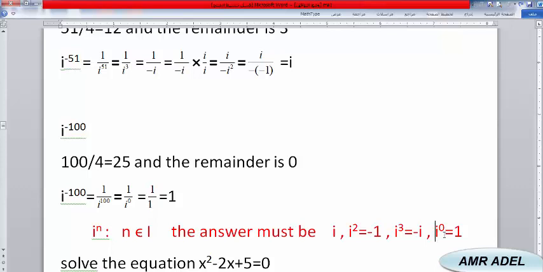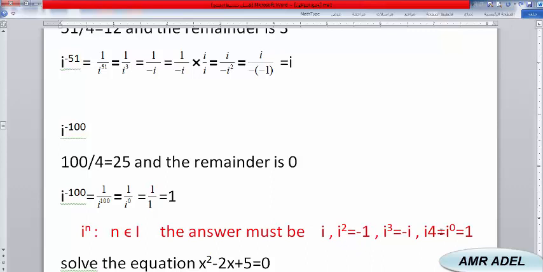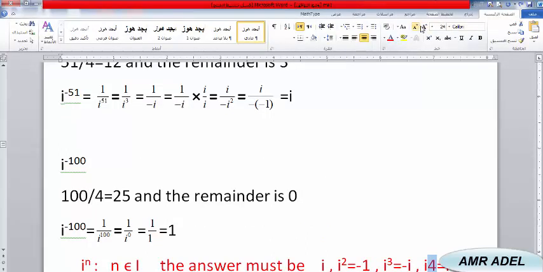Okay, up to here we have to know something which is very, very important. If we have any example and you want to solve it, all the examples that you are going to solve are i power of anything, which is n.